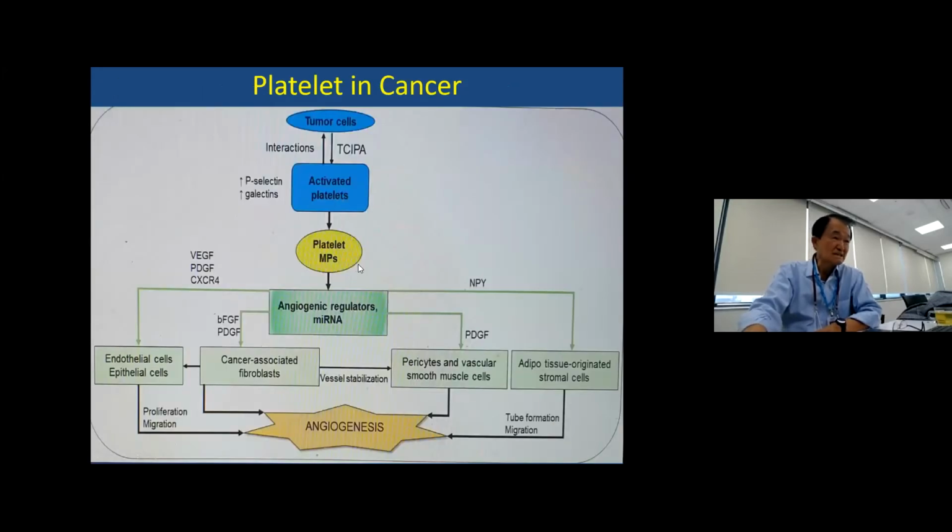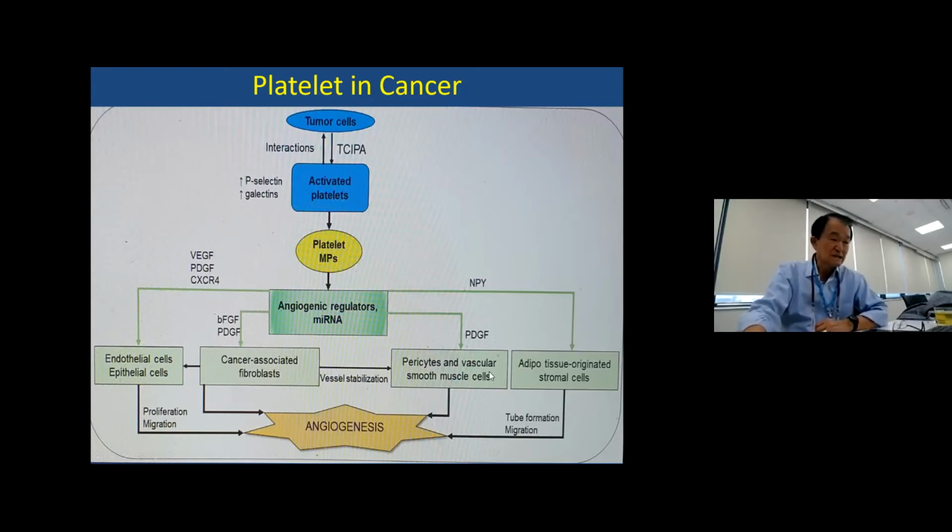So in cancer, activated platelets make angiogenesis. You can see a lot of vascular growth factors here, and certain inflammatory cytokines.